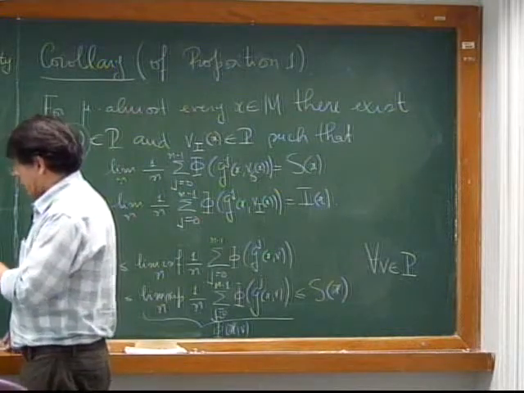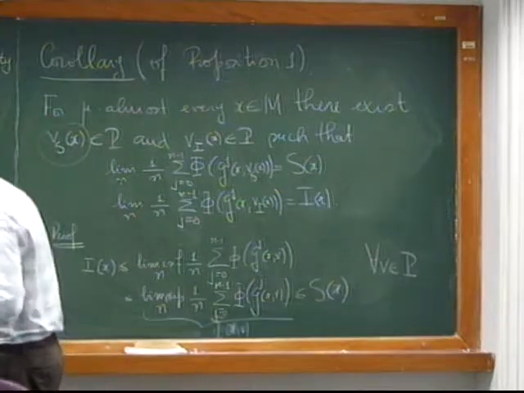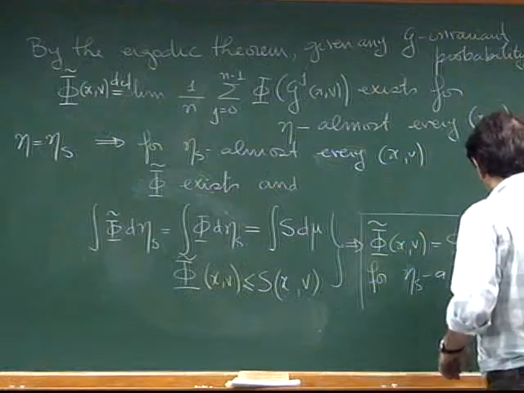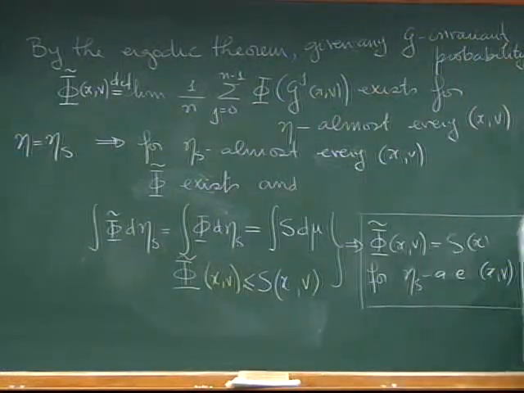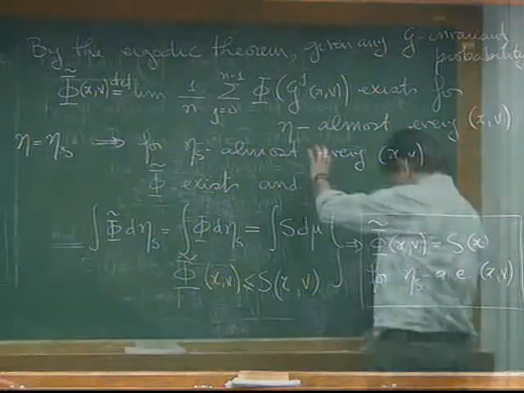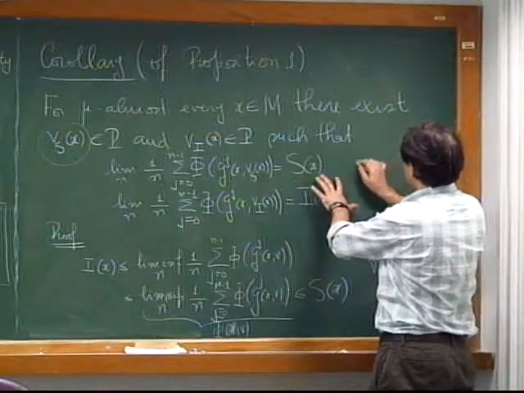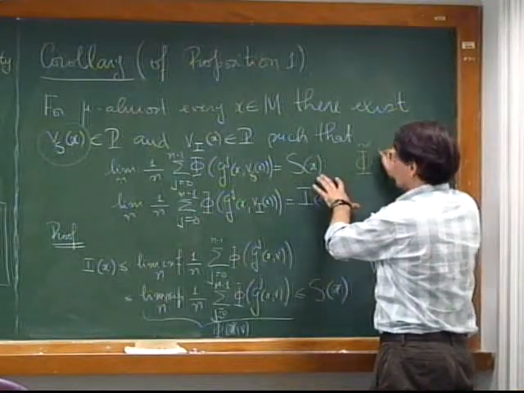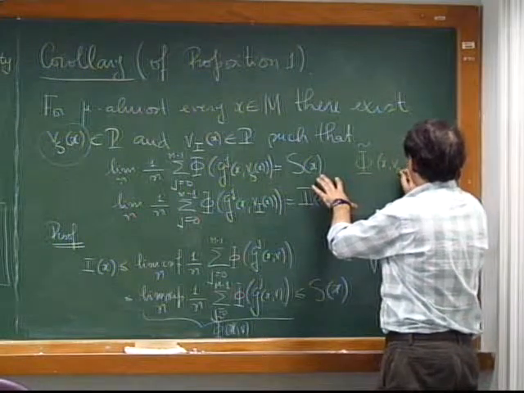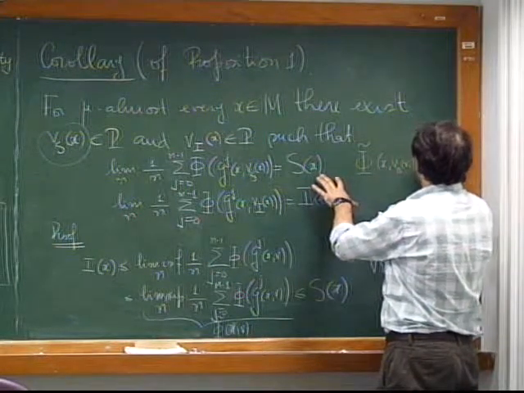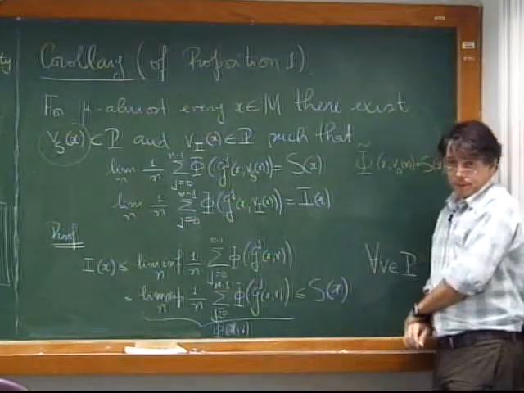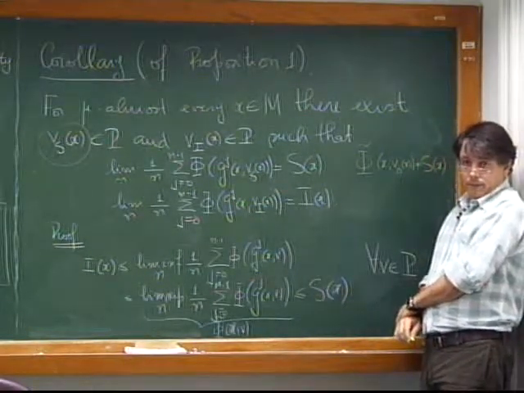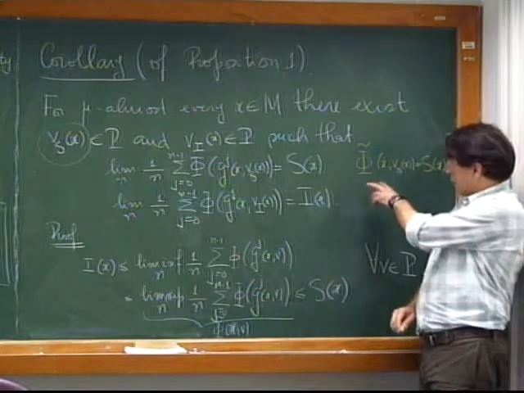Okay, so what I have achieved so far is the kind of equality that I want. Look at what is written here: phi twiddle of x, vs of x is equal to S of x. That's precisely what I want.